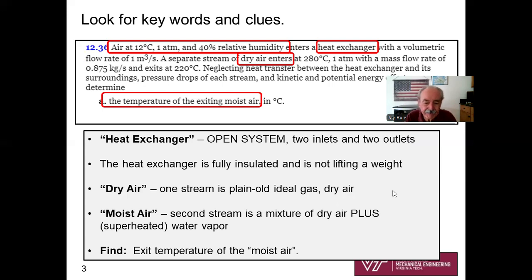A shaft is not coming out of the heat exchanger, so no work or power is involved with this problem. One of the streams is plain old ideal gas, dry air, that you've probably attacked and have solved numerous problems since about the 3rd week of class. And the second stream is moist air, a mixture of dry air plus water vapor, and the assignment is to find the exit temperature of the moist air. And in solving this problem using steam tables and purely using fundamentals, this became a very involved, difficult problem.